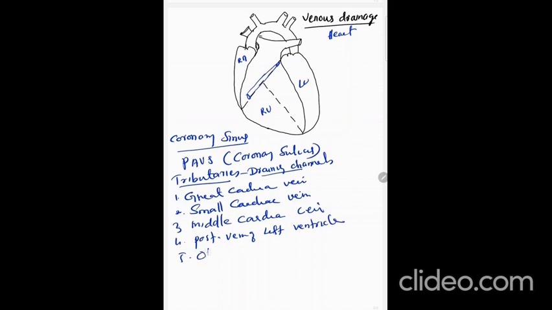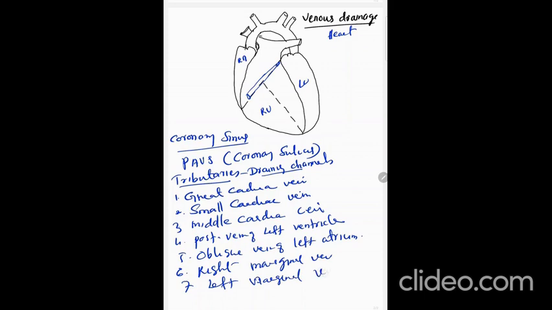Then there is the oblique vein of the left atrium. The sixth one is the right marginal vein, and the last one is the left marginal vein. So these are the tributaries of the coronary sinus.